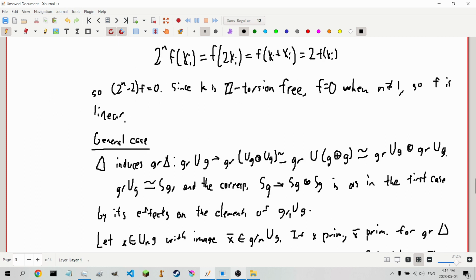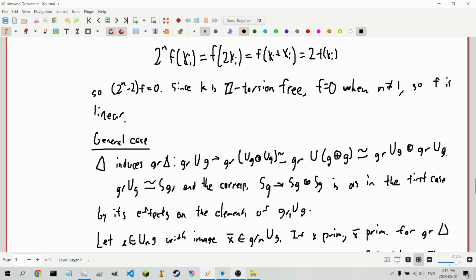then we have this condition: 2 to the n f of some xi being equal to f of 2xi, being then split into the sum of each individual xi, which by additivity is just 2 f xi.